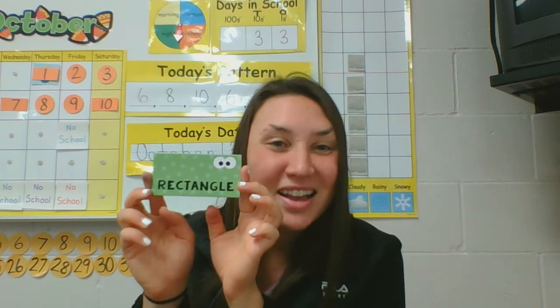All right. And my final shape that I have for you, this one has four sides and they're not all the same, right? Two of them are longer and two of them are shorter. Yep, a rectangle. That's our last shape that we have today. Two long and two short.